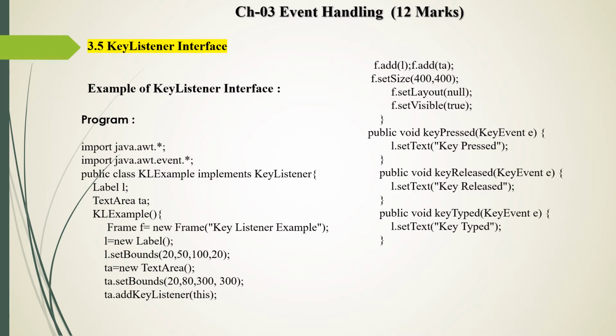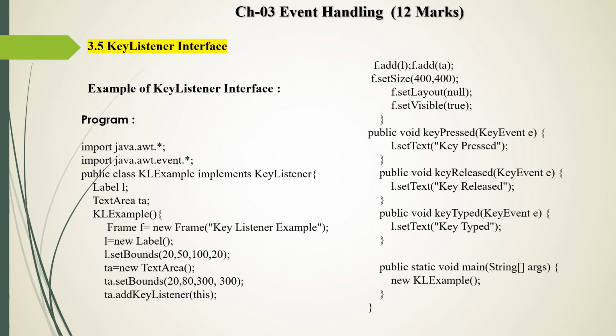Similarly, we define the third method, keyTyped. When any key is typed, that time this method is executed and the label is set to "key type". So we defined three methods, and according to key pressed and key release, these methods are executed and the appropriate message is displayed in the label.